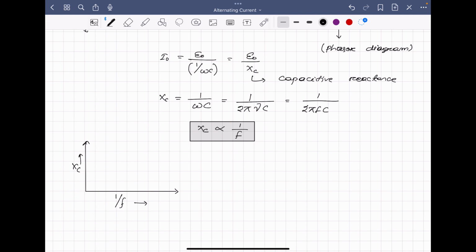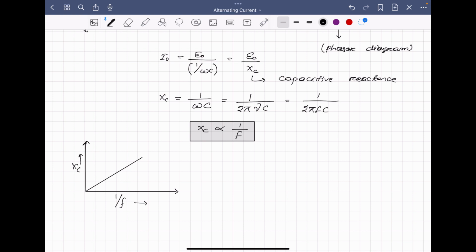As you know, we can read Xc proportional to 1 by f in two ways: either Xc is directly proportional to 1 by f, or Xc is inversely proportional to f. First, Xc directly proportional to 1 by f means we draw a straight line graph.